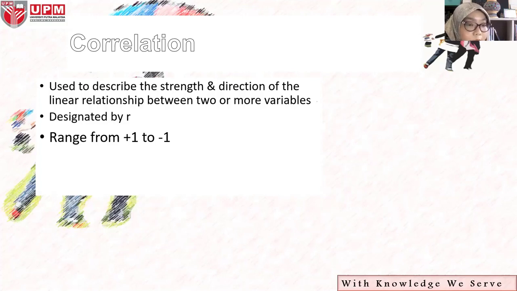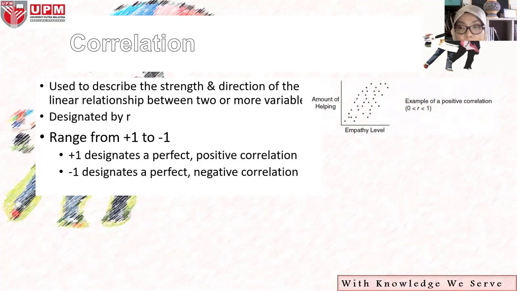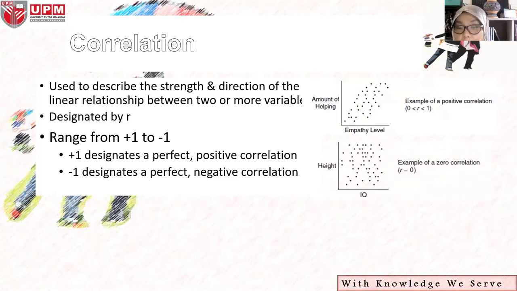A value of +1 designates a perfect positive correlation, meaning the relationship is perfectly positive. Meanwhile, -1 indicates a perfect negative correlation. This is an illustration of the relationship between amount of helping and empathy, for example.